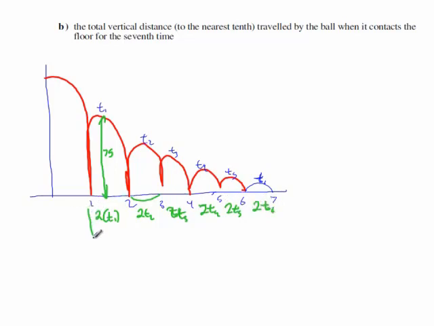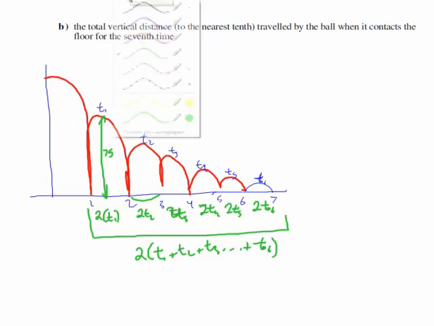So that tells you that from the first time it hits the ground to the 7th, your total distance is going to be 2 times T1 plus T2 plus T3, and so on, plus T6. Or in other words, 2 times the sum from 1 to 6. So 2 times S6. That gets you from the first bounce to the 7th.